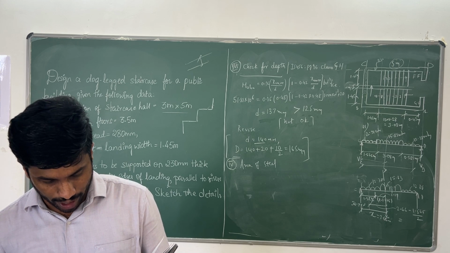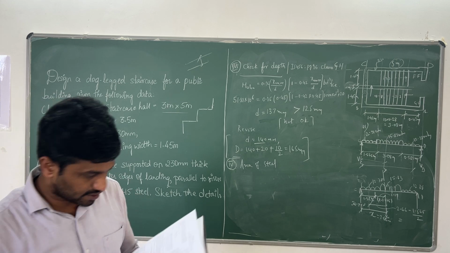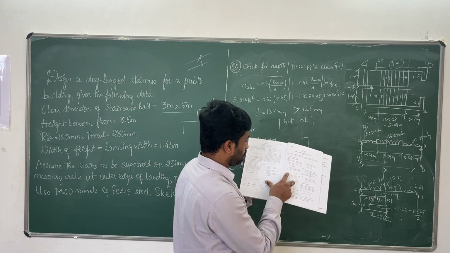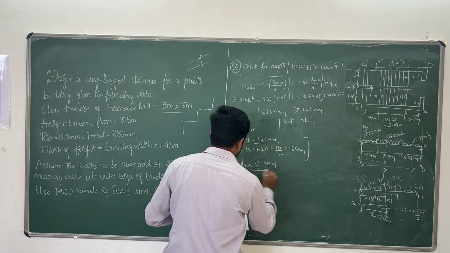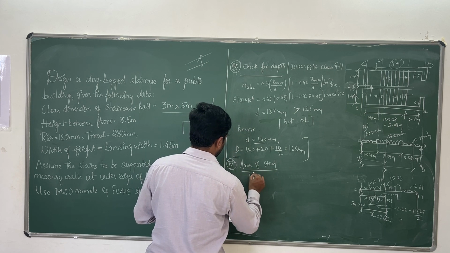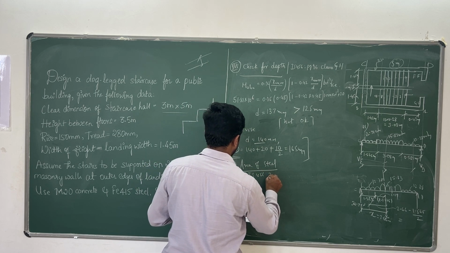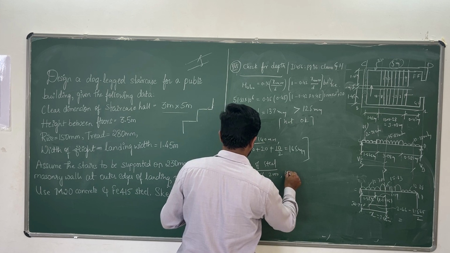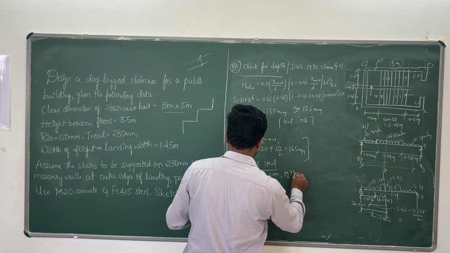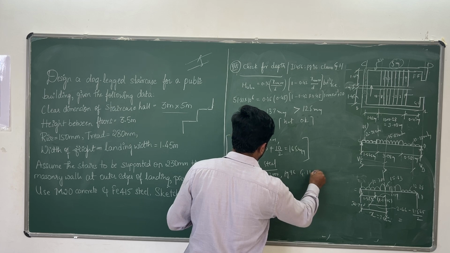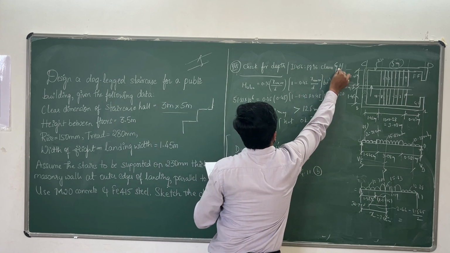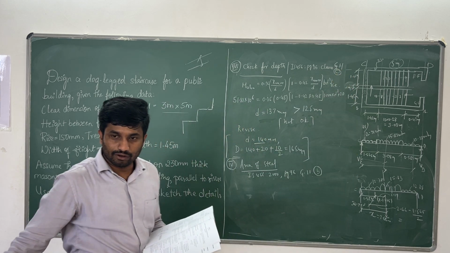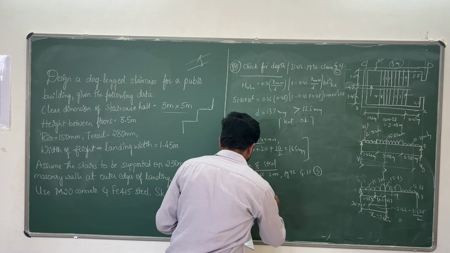Mu equal 0.87 fy Ast d, this is equation B. Previously we used equation C. So once again for this also use IS 456 2000, page number 96, clause G.1.1 B. Here we used C, now we are using B. So what is the equation?